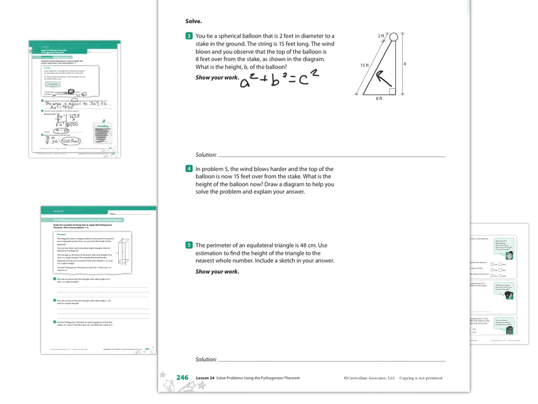So if we evaluate this equation and substitute values in, I know A is 8 because it's one of the shorter sides. B is the other shorter side, and we do not know the value of B. We know C is the side opposite the right angle, which would have a total length of the 15 feet of the string plus the 2 feet of the balloon.